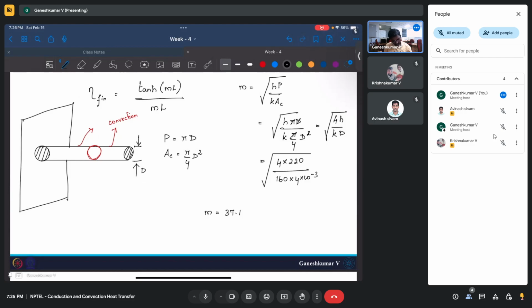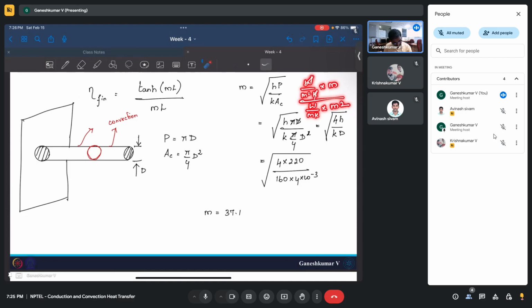Okay. And this m also has units. Maybe it's not very important, but it's better to write the units. So watt per meter squared Kelvin, and perimeter is meter, divided by watt per meter Kelvin into meter squared.